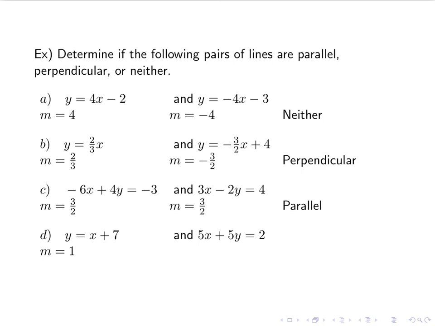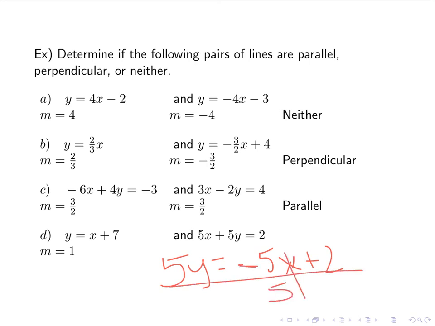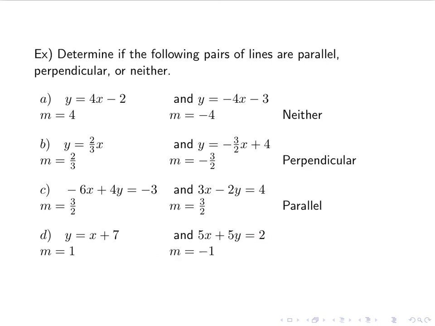Our second equation is in the general form, so just like in example C, we're going to solve for y. So we're going to subtract 5x from both sides, divide everything by 5, and again we care about that coefficient of x. So negative 5/5 is negative 1.